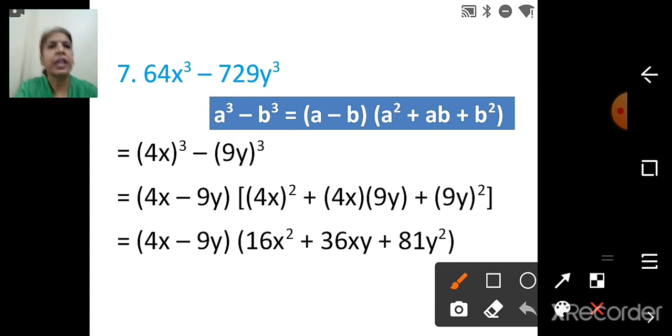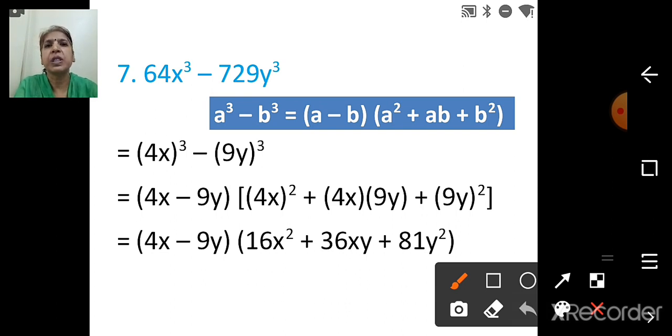So first you will write the formula. a cube minus b cube is equal to a minus b, the whole bracket multiply with a square plus ab plus b square. Now 64 is cube of 4, so we will write 4x the whole cube minus 9y the whole cube.